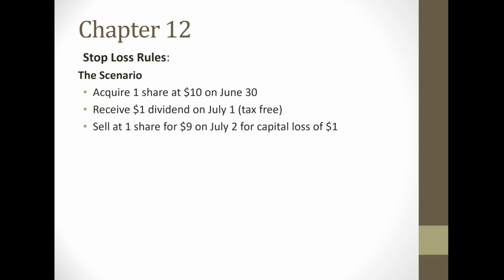So this would actually give a very favorable result. They're not taxed on the $1 dividend, and they also now have a capital loss. So in order to basically remove this favorable situation, the government has implemented these stop-loss rules.